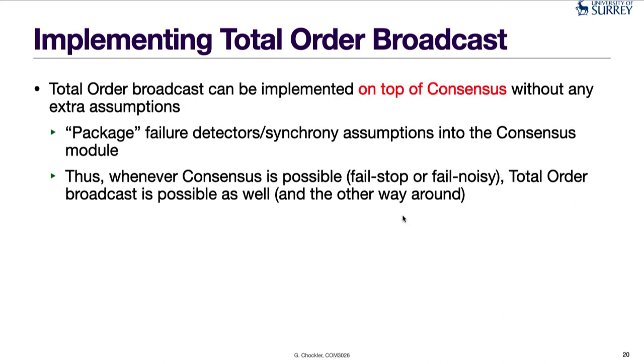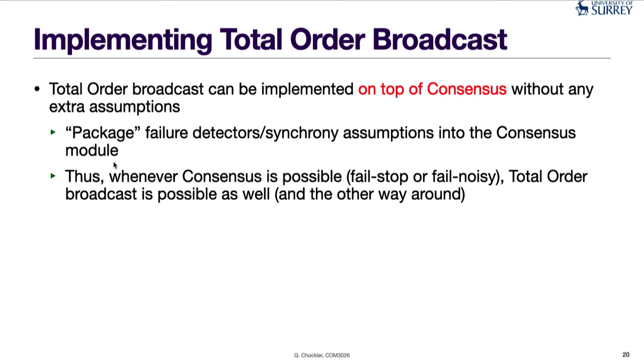So our approach for implementing total order broadcast will be to implement it on top of consensus. Okay, and in doing so, we will effectively package all the environment assumptions that we need to make in order to circumvent the impossibility result that we've just discussed into the consensus module.